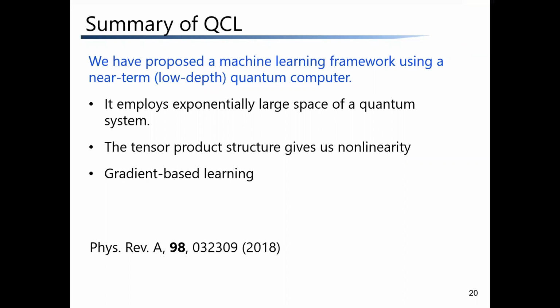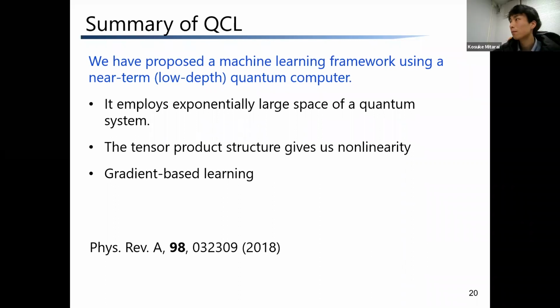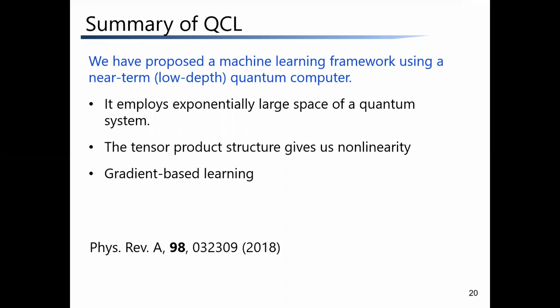May I add a comment here? Yeah, sure. Hi, Kosuke. This is José Ignacio Latorre. Building on your paper, we wrote a paper that was published in January, where we showed that to have this universal approximation, you can prove a theorem, and the theorem only needs one qubit.